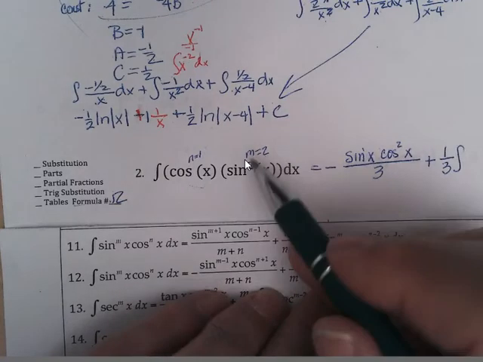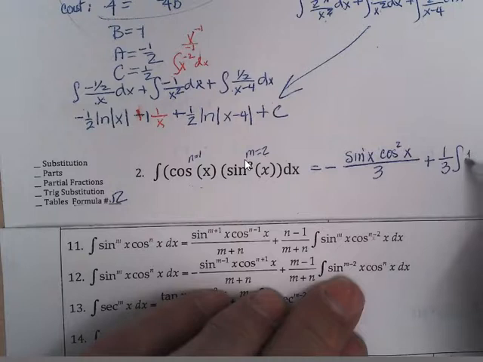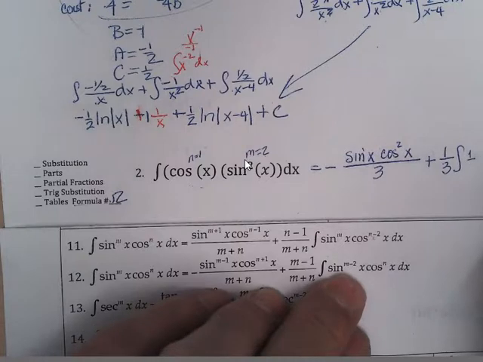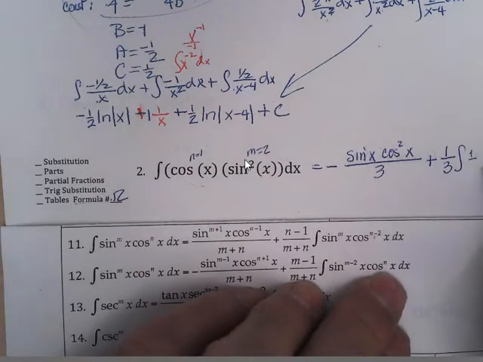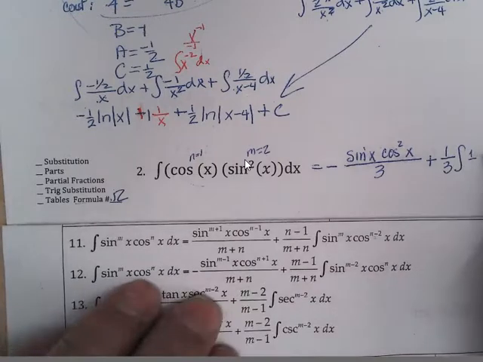sine dropped by 2, so it goes to 0. Sine to 0 is 1. Anything to the 0 power is 1, except for 0. And cosine would stay what it was, which was a to the 1. So 1 cosine x dx.